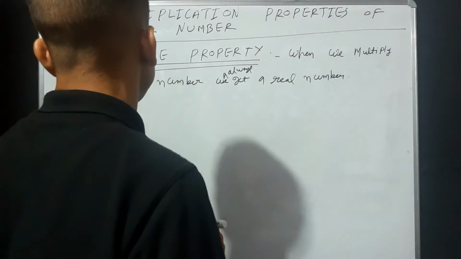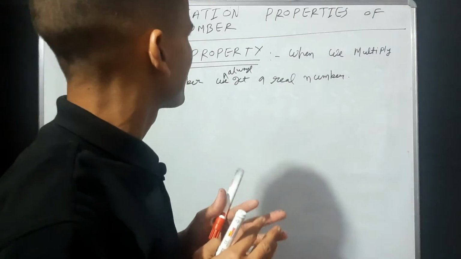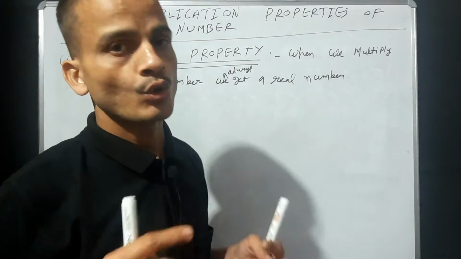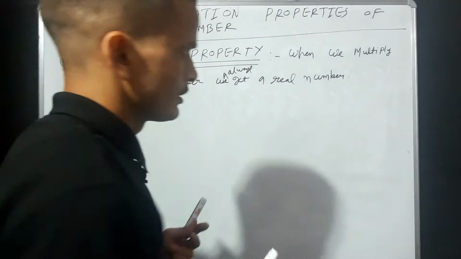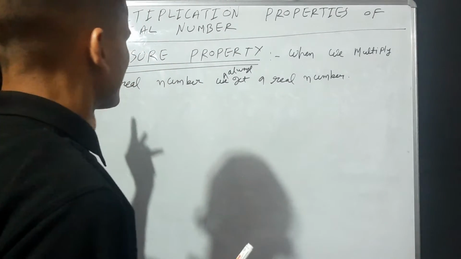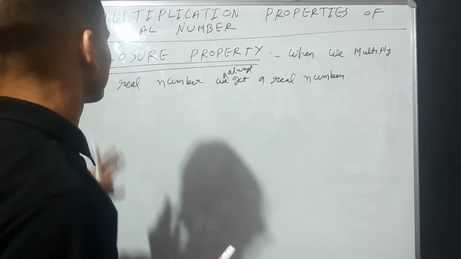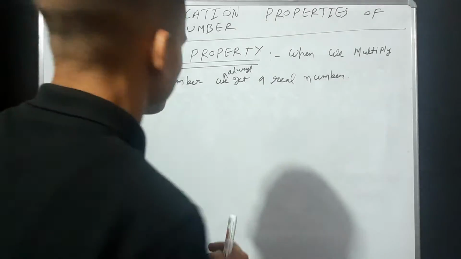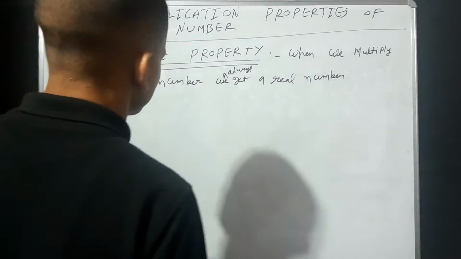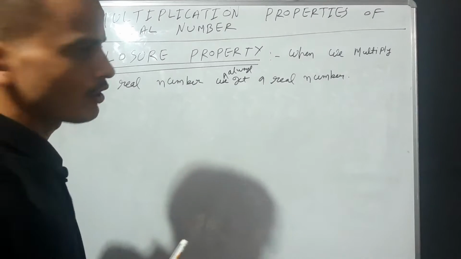Okay, it means the multiplication of real numbers holds the closure property. If you want to understand this property properly, we will understand it with the help of an example also.